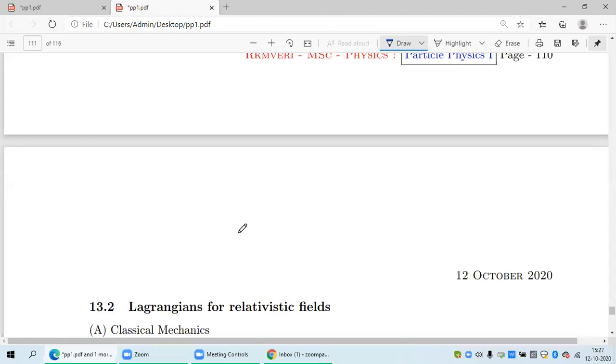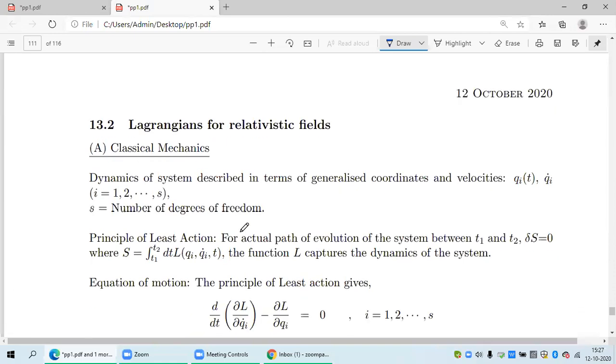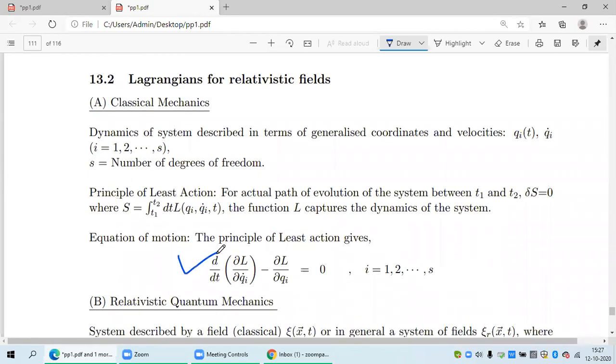Now, when you study classical mechanics, the equation of motion of the system is this. Clear? This is the equation of motion of a system, and if you use the action principle, this is directly derivable from the action principle.